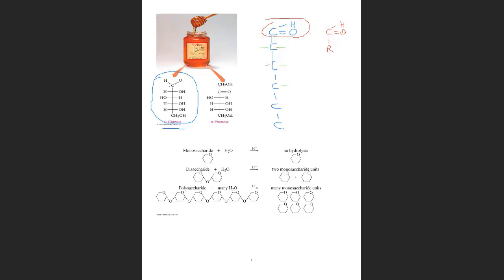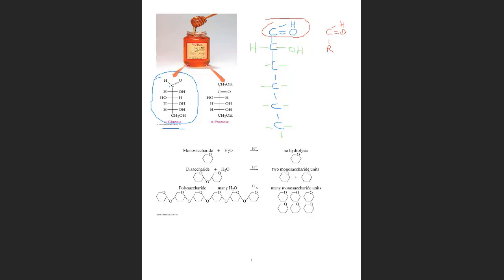So each carbon is going to be bonded to one hydroxyl. This group, OH, is the hydroxyl group. And then I'm trying to draw the glucose.